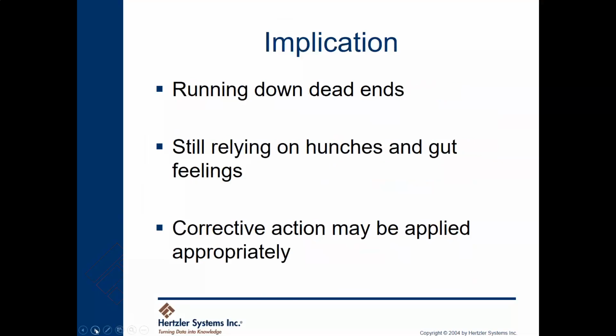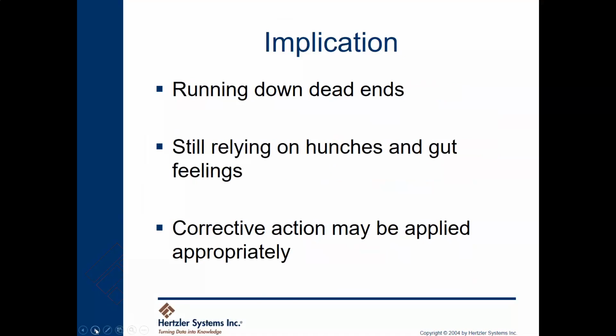Okay. So, what happens when we do it the old way? We can end up running down dead ends. Well, I think it's this. And you go down a path, and then it's like, oh, that's not it. Now what do I do? You go back, start over again. And continuing to rely on those hunches and gut feelings, not really going down the path that's supported by the data.